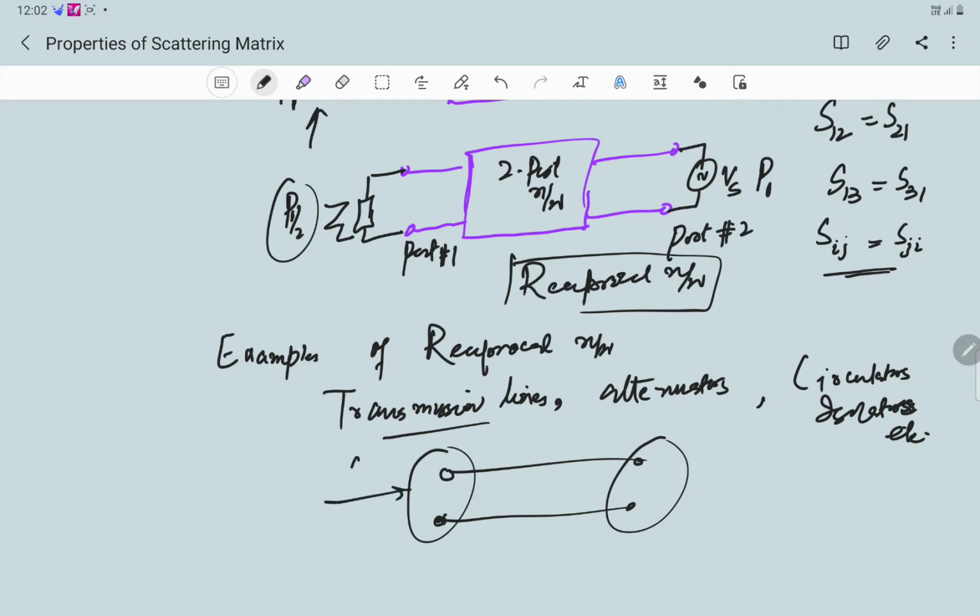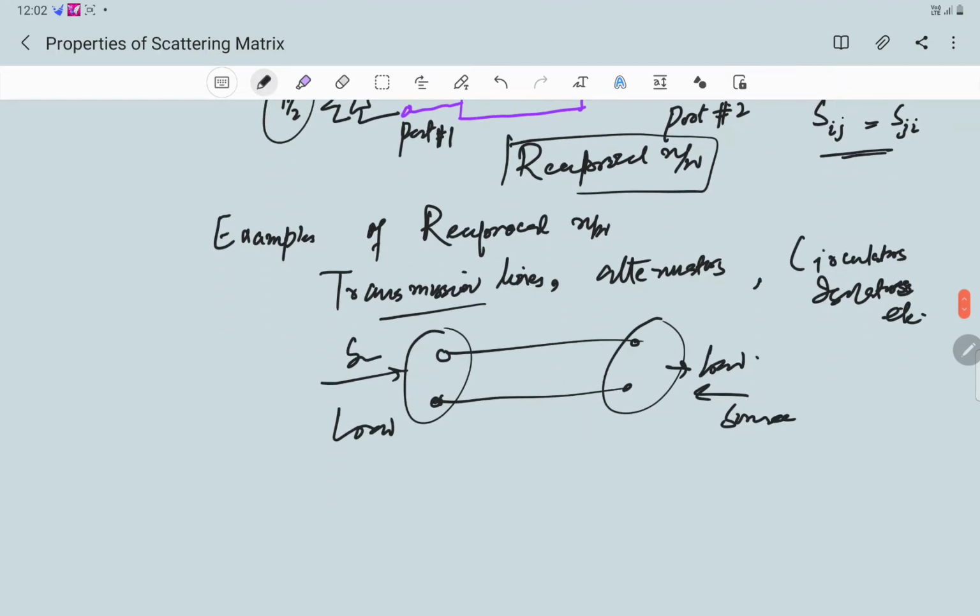So transmission lines, even attenuators: if you connect a source to an attenuator, the loss in the attenuator would be fixed, for example, for fixed attenuators. So in both cases, whether you connect the source on the input side or the output side, on port 1 or port 2, the loss within the attenuator would be the same.